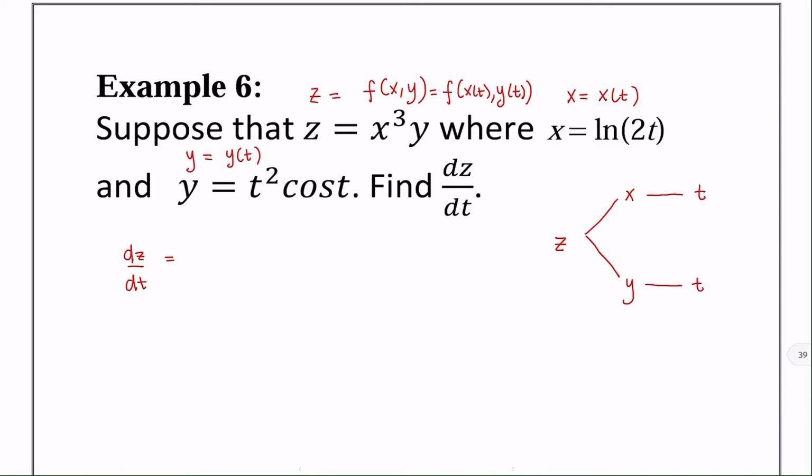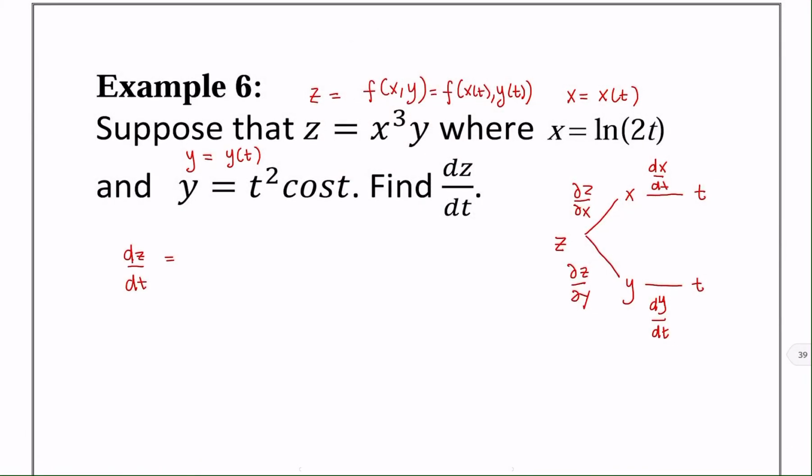So remember, in order to get dz dt, we can find the del z del x and del z del y, multiplied with dx dt and dy dt.